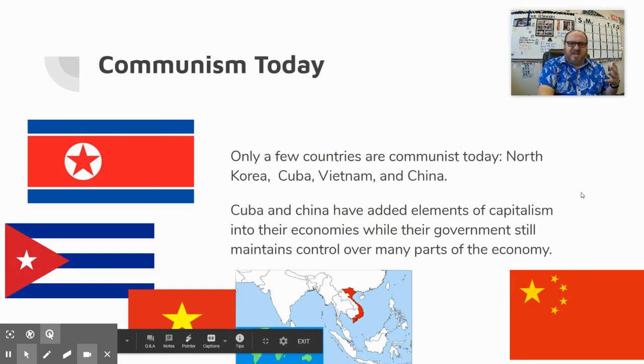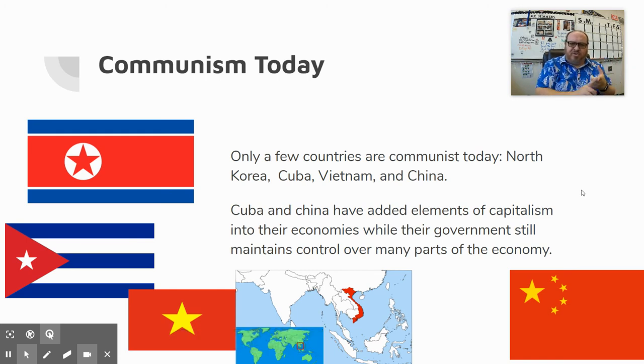So, communism today. There are really only a few countries today that are communist. You have North Korea, Cuba, Vietnam, and China. Okay, so with the flags there, you've got North Korea, Cuba, Vietnam, and China. There they are, okay? Cuba and China, though, have added elements of capitalism into their economies, so they're like a mixed economy with capitalism and communism, okay?